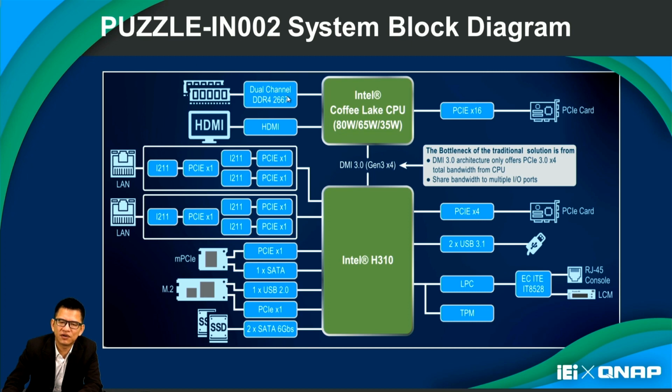For memory, it can only support non-ECC memory, but the IN001 can support ECC and non-ECC memory. For Ethernet, it can only support 6 ports. And of course, it can support mini PCIe, M.2 expansion, LCM, and 2 SSDs.